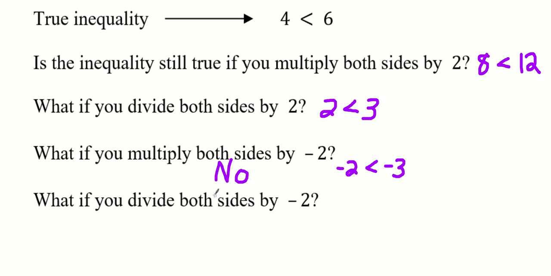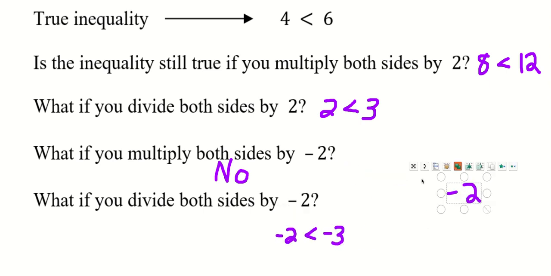And it's the same thing when we divide both sides by, say, -2. You're going to get a -2. Oh, I'm an idiot. That's the division. If I multiply, my bad, I would have got a -12.